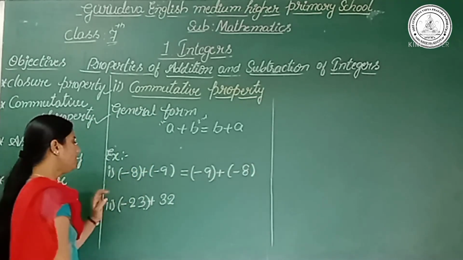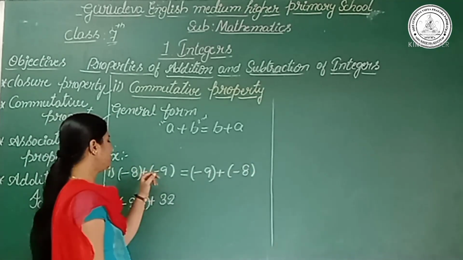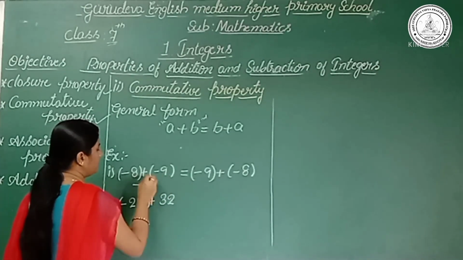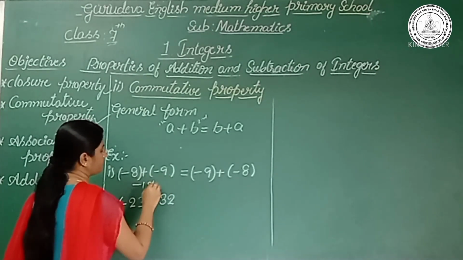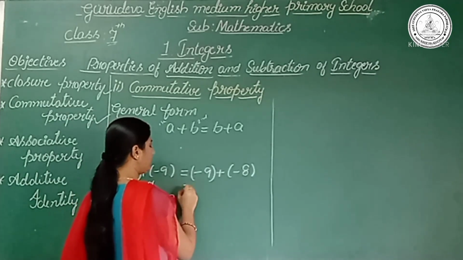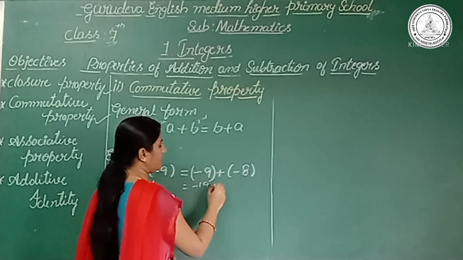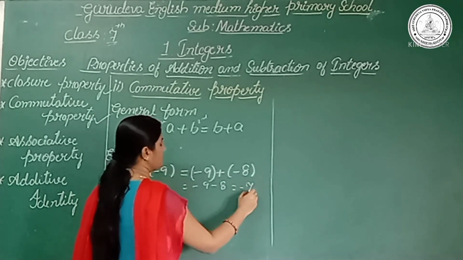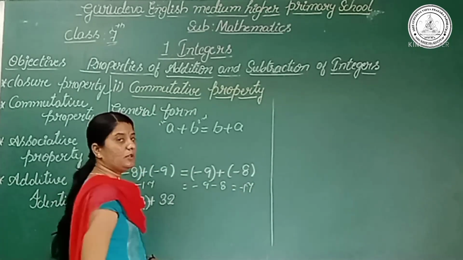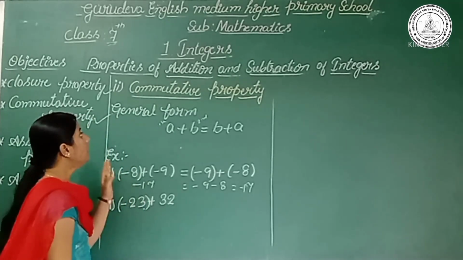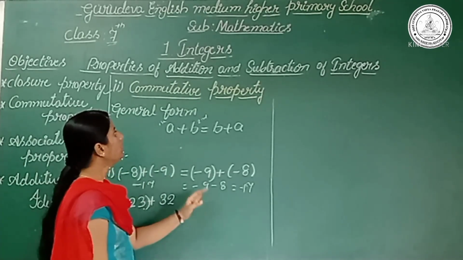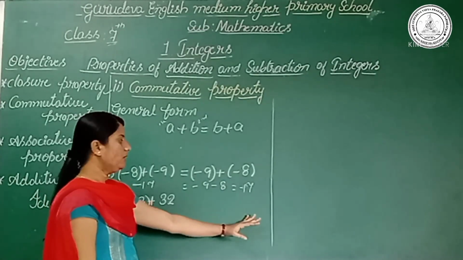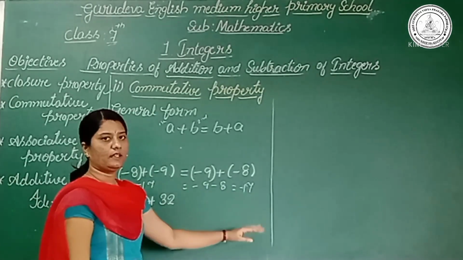Let's check. Minus 8 plus of minus 9 is minus 17. Then minus 9 plus of minus 8 is also minus 17. Right? So hence we can say that the integers are commutative under addition.